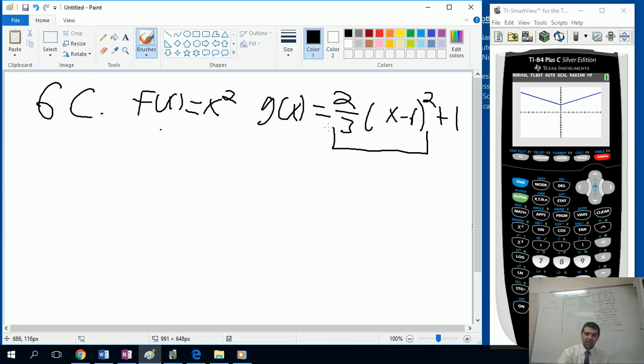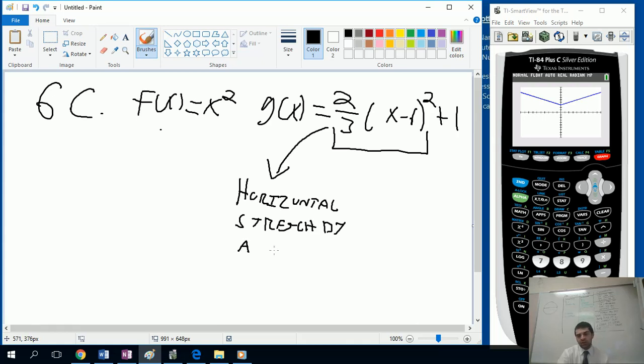This is going to be a horizontal stretch by a factor of 3/2. So with horizontal, you find the reciprocal of whatever the fraction is, by a factor of 3/2.